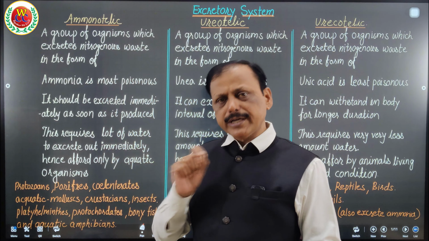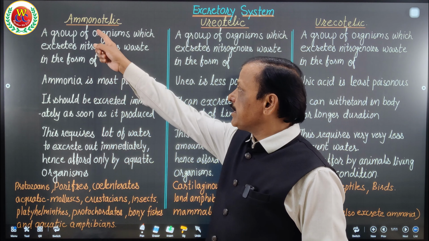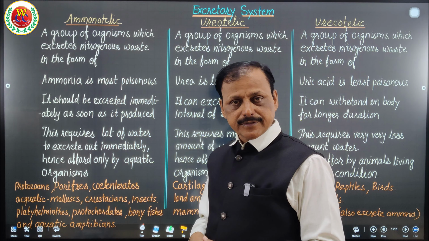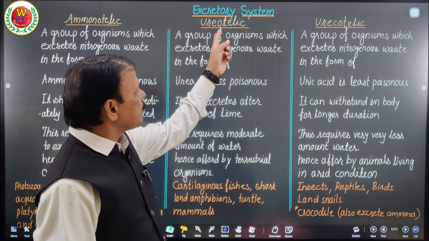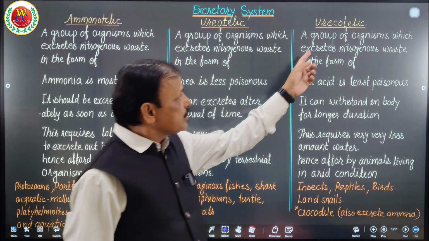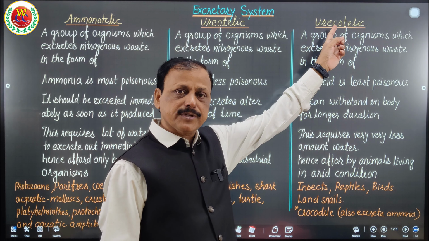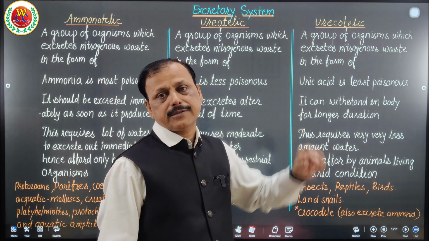Those organisms which excrete nitrogenous waste in the form of ammonia are called ammonotelic. Those which excrete it in the form of urea are called ureotelic, and those which excrete it in the form of uric acid are called uricotelic.